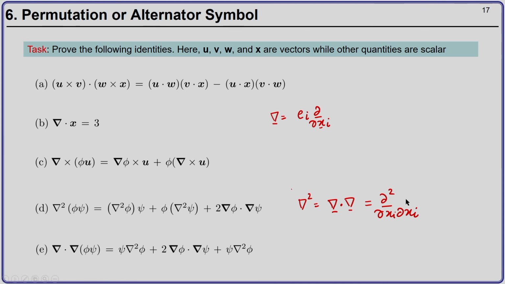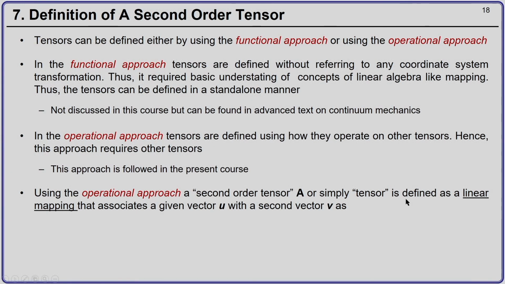Next we move to our main topic, which is what is meant by a second order tensor. Before defining a second order tensor, you need to notice that there are 2 approaches to define tensors. One is called the functional approach, and the other is called the operational approach. In the functional approach, tensors are defined without referring to any coordinate system.